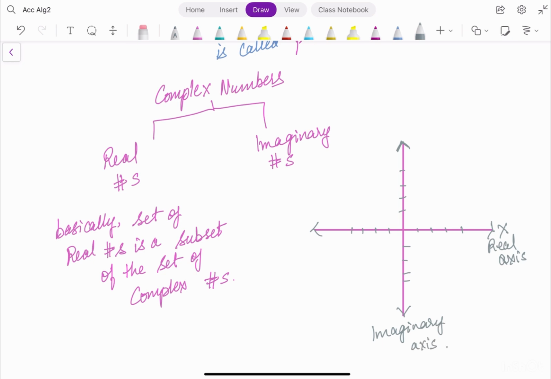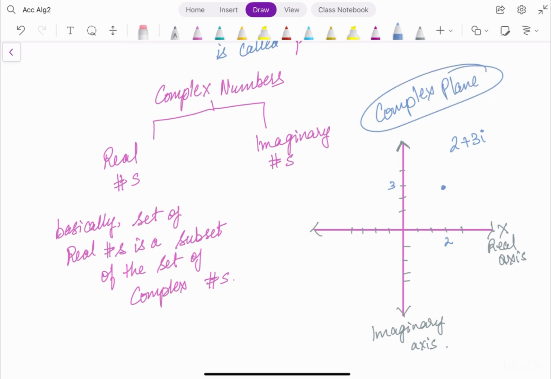Let's graph a few points. For example, if I have to graph 2 plus 3i, now remember 2 is the real number, so 2 will be on the x-axis. 3 is imaginary, so it will be on the imaginary axis. So that is your coordinate. This is your complex plane.